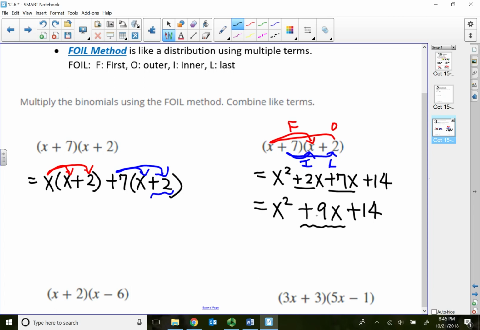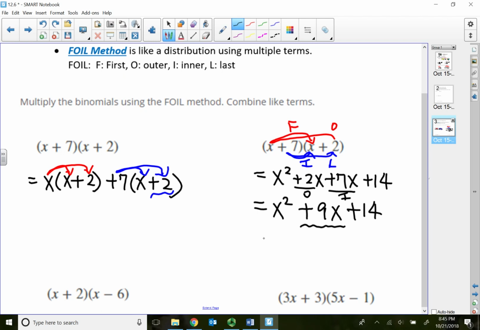The middle term of a true trinomial comes from the 2x and the 7x combined. The 9x comes from the 2x and 7x combined. The way I got the 2x is by taking the x times positive 2, which is called the outer. The 7x is called the inner, when my positive 7 times the x.